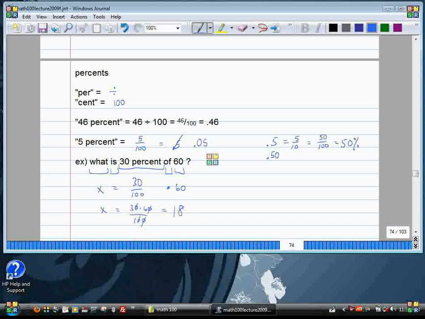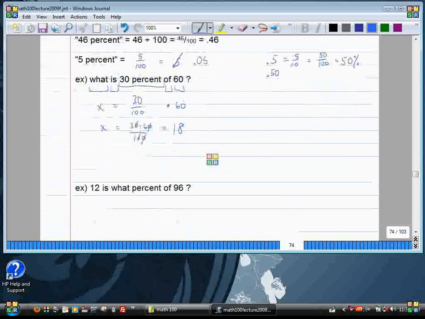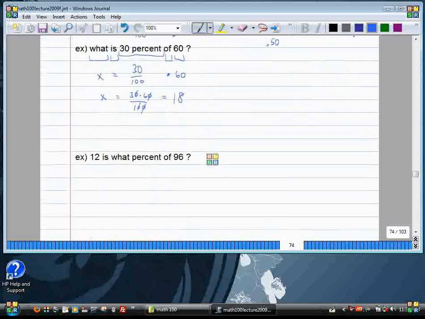Okay. So this is percents. Now, this is a trickier one. 12 is what percent of 96? You can freestyle it, but we can just convert this directly into math.